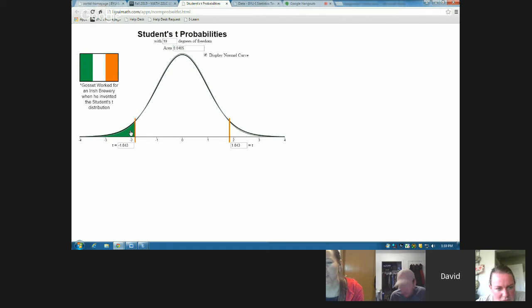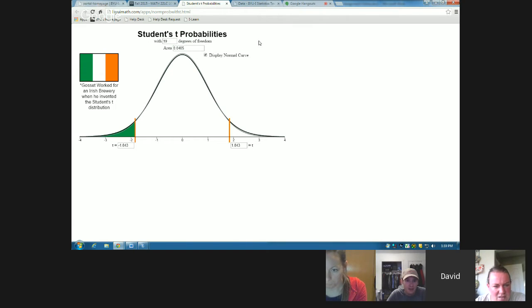Are you using a different applet than I am? Yes, you should be using the one that's on my screen. Where did you find that one? I got this one from the textbook. Yeah, that's what I'm using too. You put in the degrees, n minus 1, which is 19.